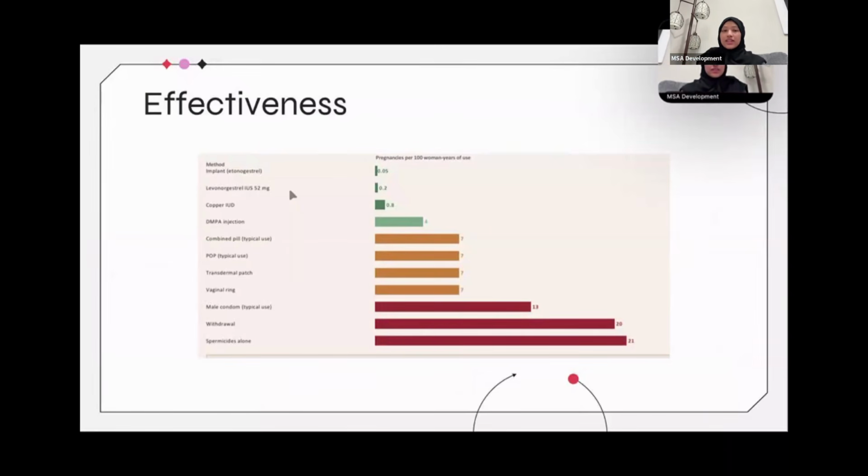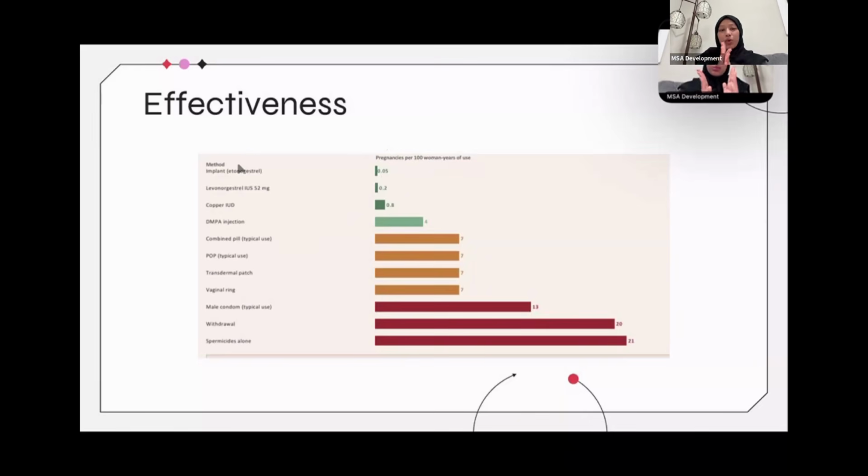So this is the effectiveness summary. They calculate effectiveness with something called the Pearl index. The lower the number of pregnancies among women using these, the more effective the contraception is, because it is working.